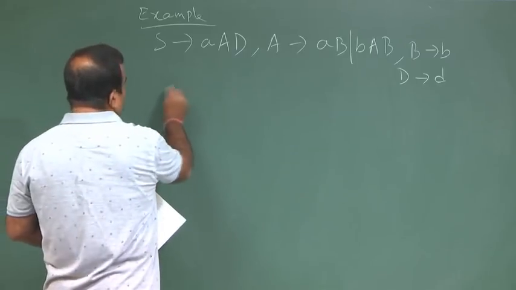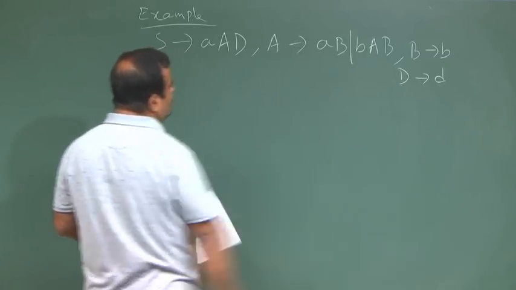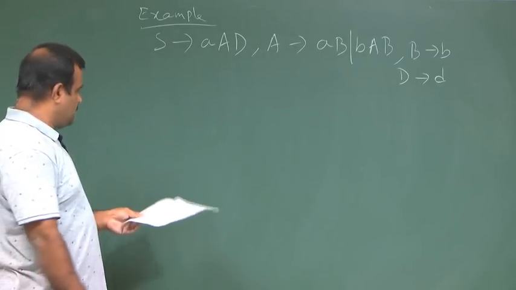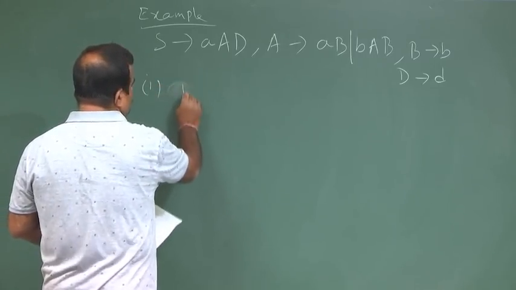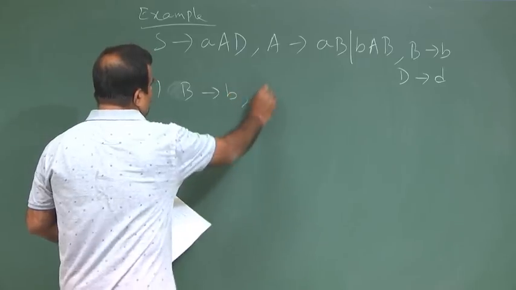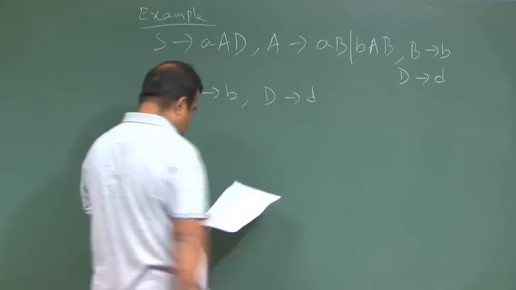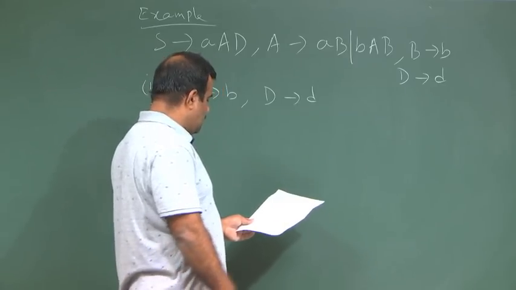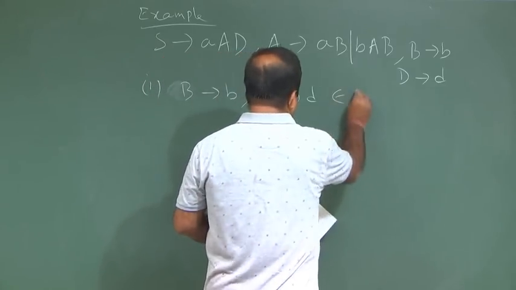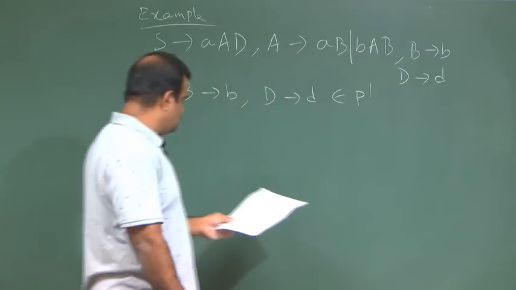Okay. Now, what do we do? We check which rules are already in CNF. First of all, B is going to B and D is going to D, these are already in this form, so we add them into the new rules.